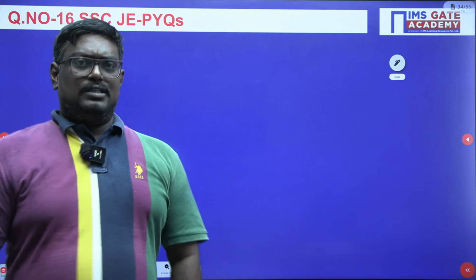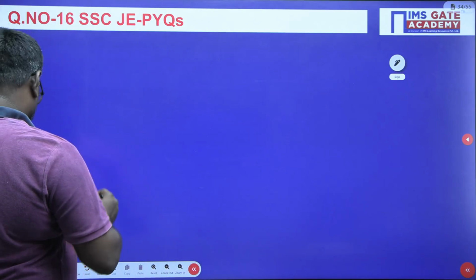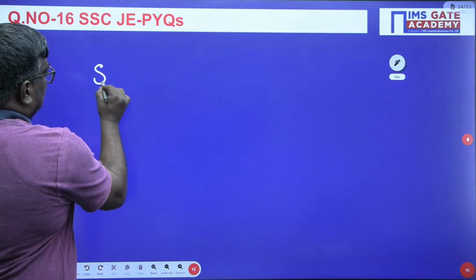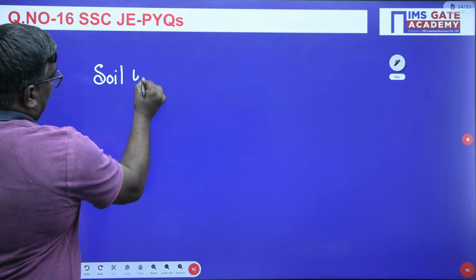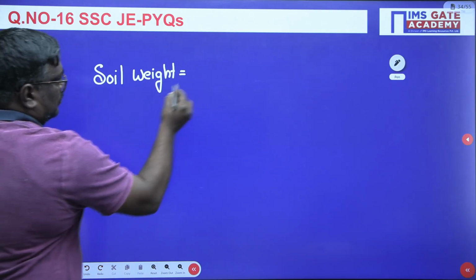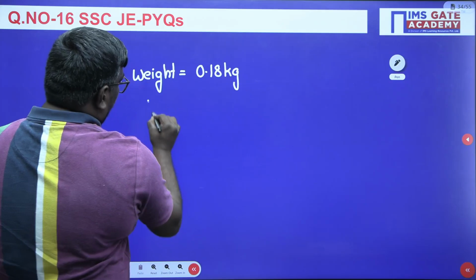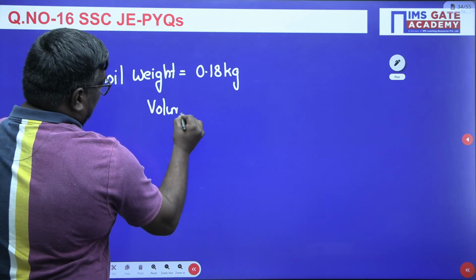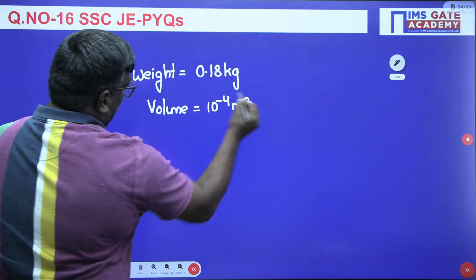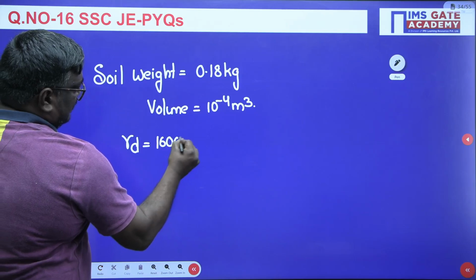Now, see students, here the soil total weight is 0.18 kg. And if you talk about volume, total volume is 10 power minus 4 meter cube. And dry density is how much, sir? Dry density is 1600 kg per meter cube.